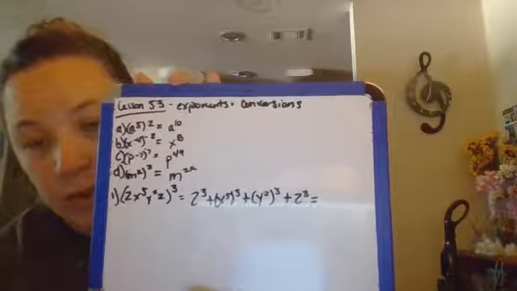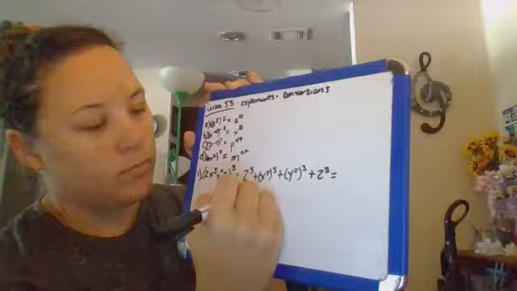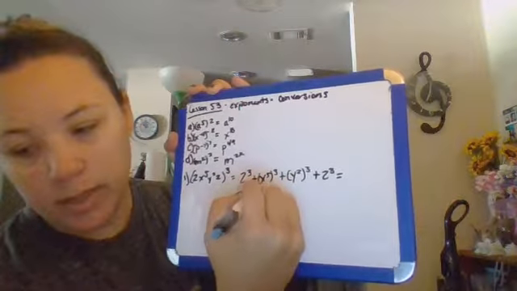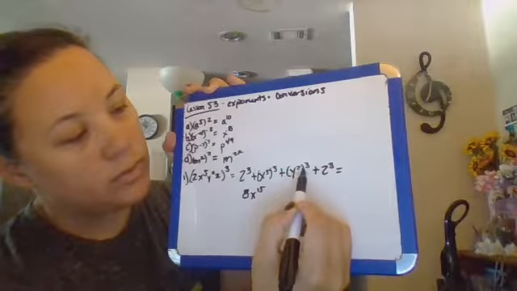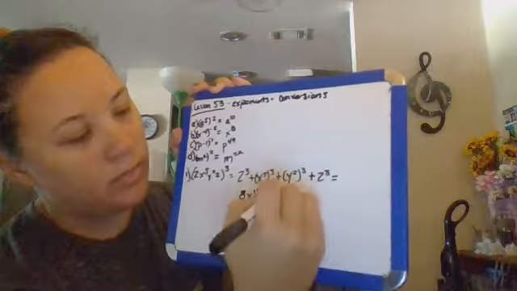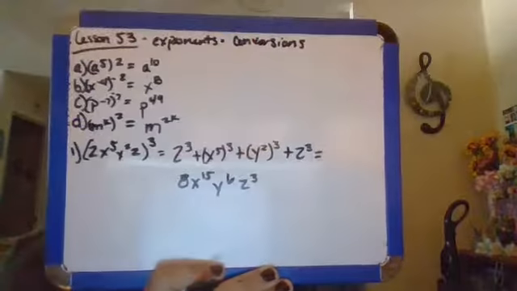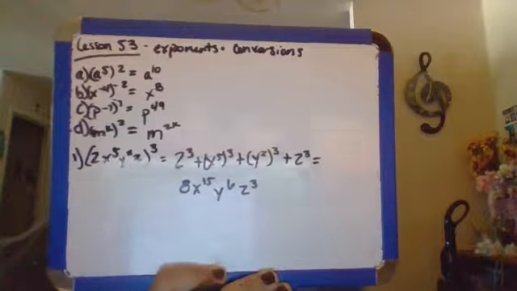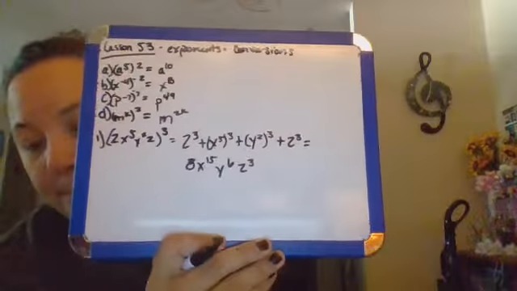And we will just figure that out. So 2 cubed is 8. 5 times 3 is 15, so it would be x to the 15. 2 times 3 is 6, y to the 6, z cubed is just z cubed. All we did was distribute it out and then solved.